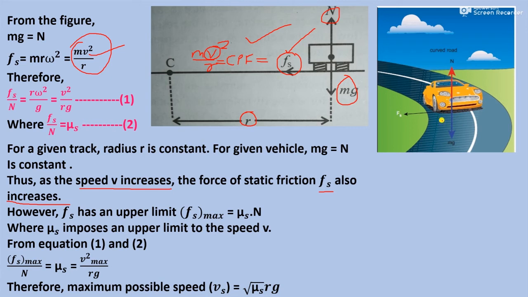But remember, static friction is not fixed in such a case. What happens if the road is wet? Obviously, static friction will become less. If any oil spill is there on the road, then also static friction becomes less. But we are not considering such cases.